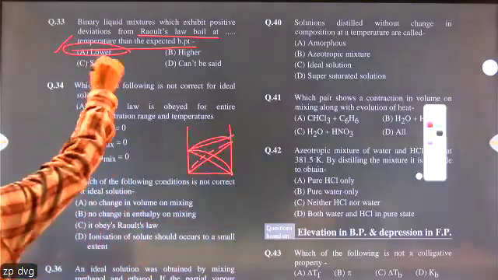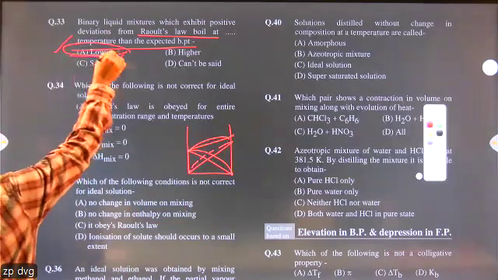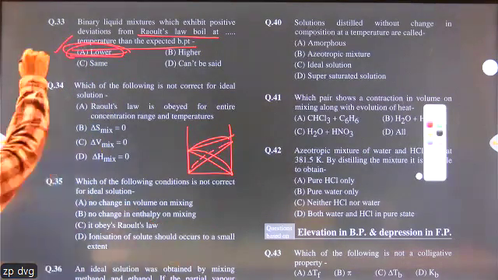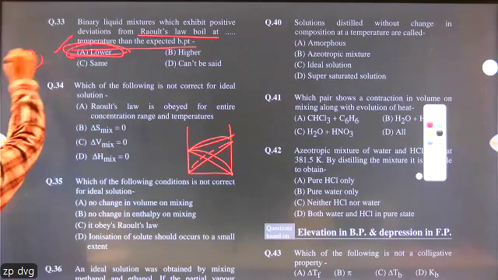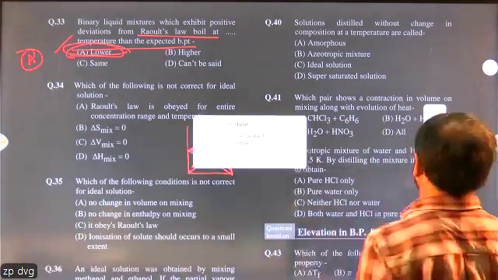Therefore, they boil at a lower temperature than expected. Option A is the correct answer for question 33.